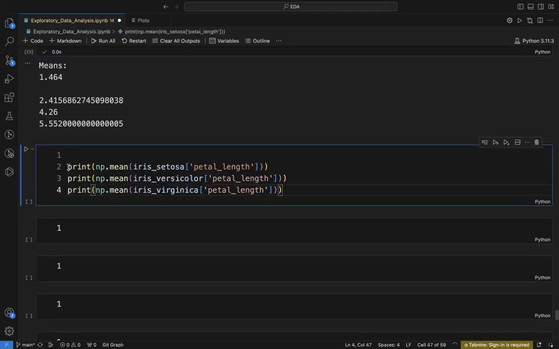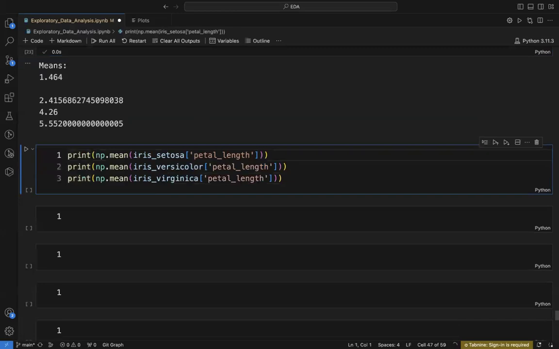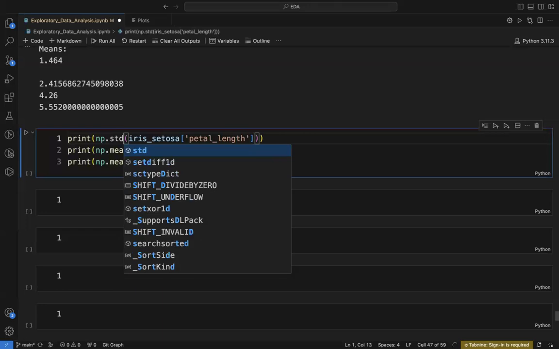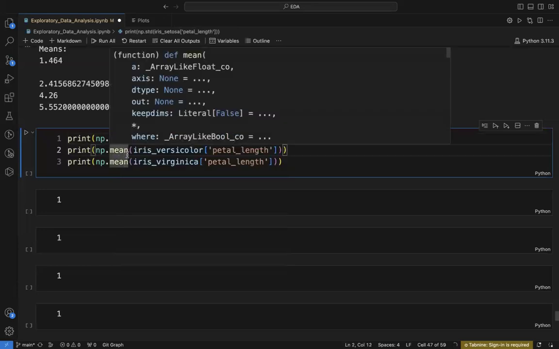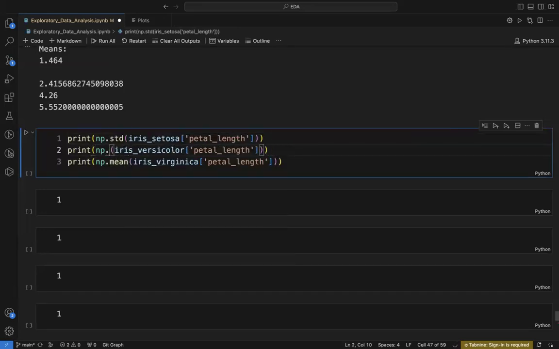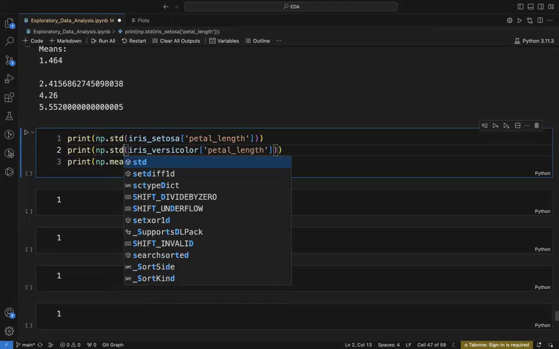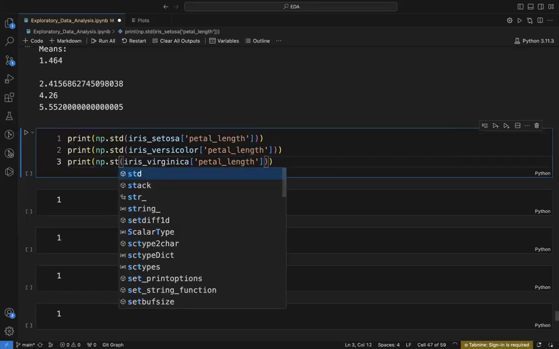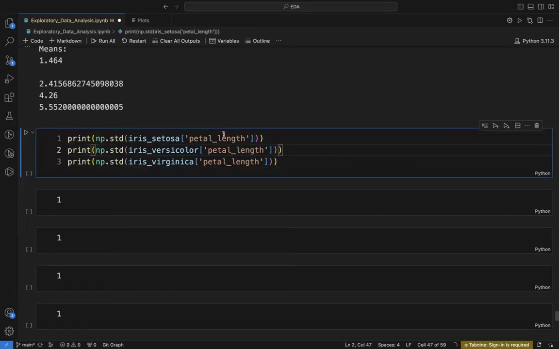Only something I need to change: I'm using numpy, so instead of mean, I simply have to write std here. This will calculate the standard deviation. Let's write std here also, instead of mean.